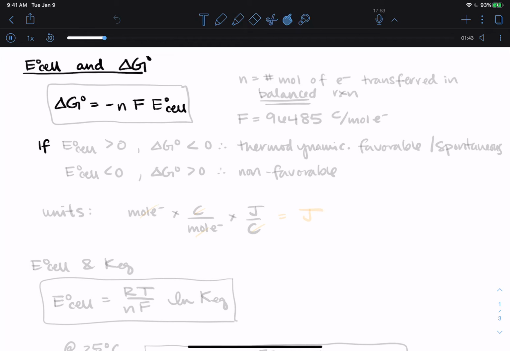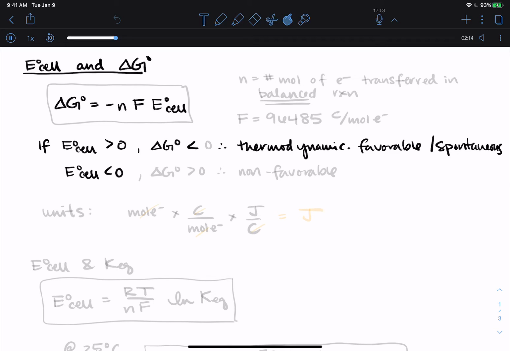So if my standard cell potential is positive, then delta G is negative, and you end up with a thermodynamically favorable, or as you will still see it referred to in most places, spontaneous reaction.